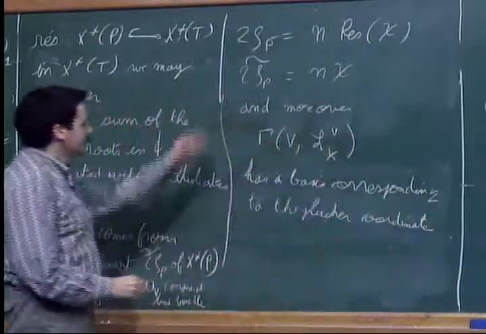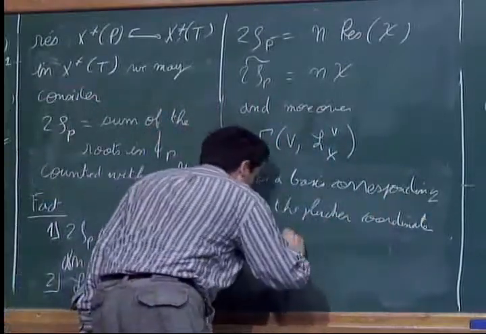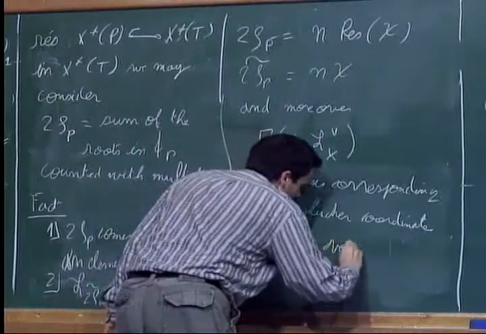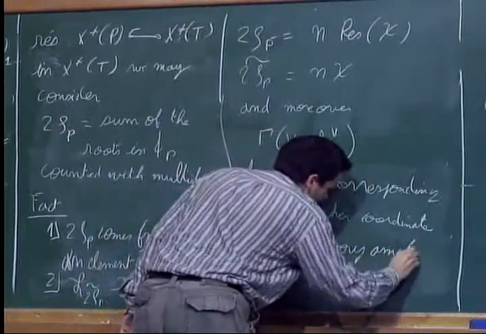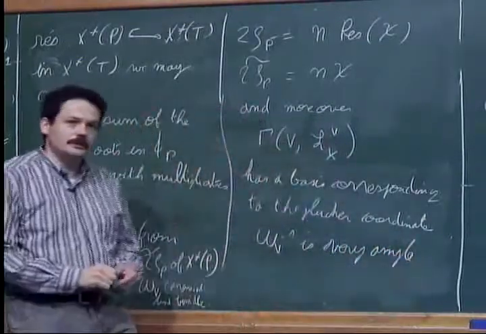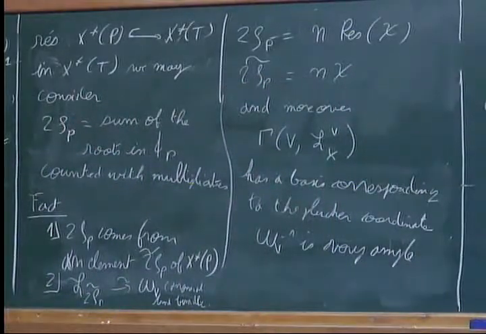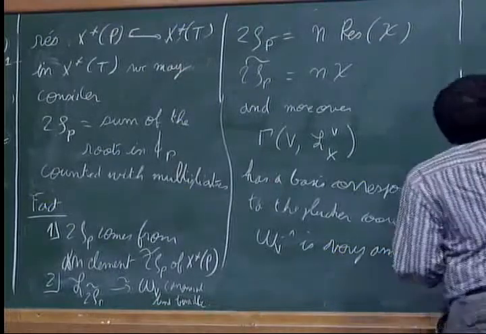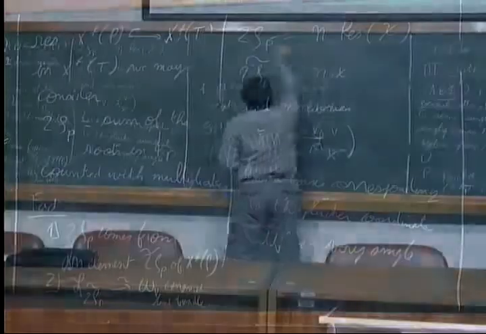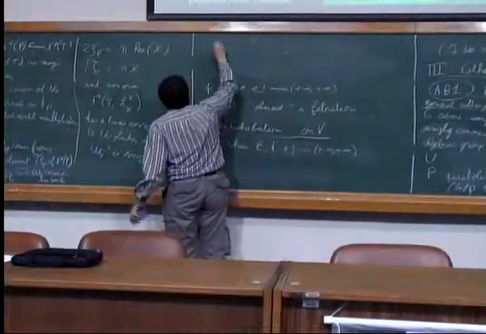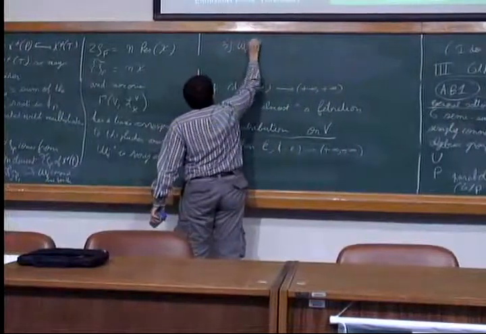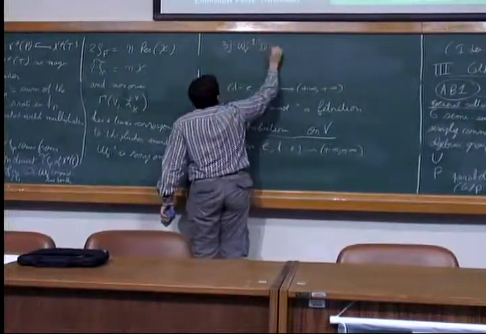So in fact, we get that omega_V^{-1} is very ample, since it corresponds to the nth power of the Plucker coordinates, or monomials of degree n in the Plucker coordinates. In fact, this is general, so let me state it as a third fact. Omega_V^{-1} in that setting is always very ample.